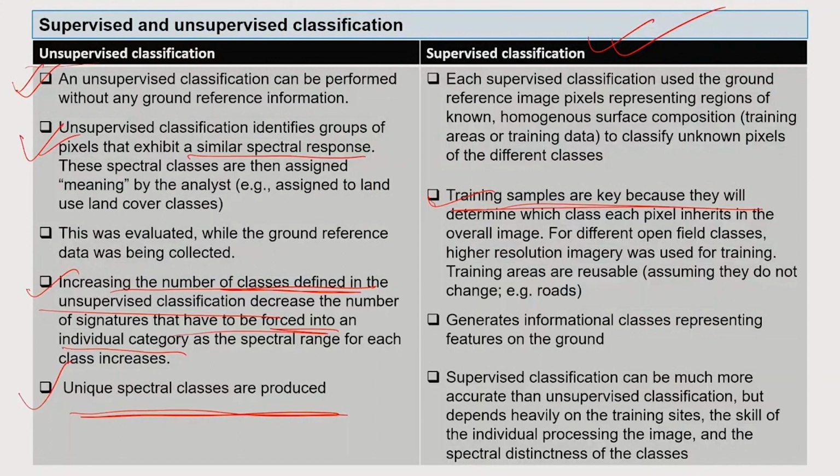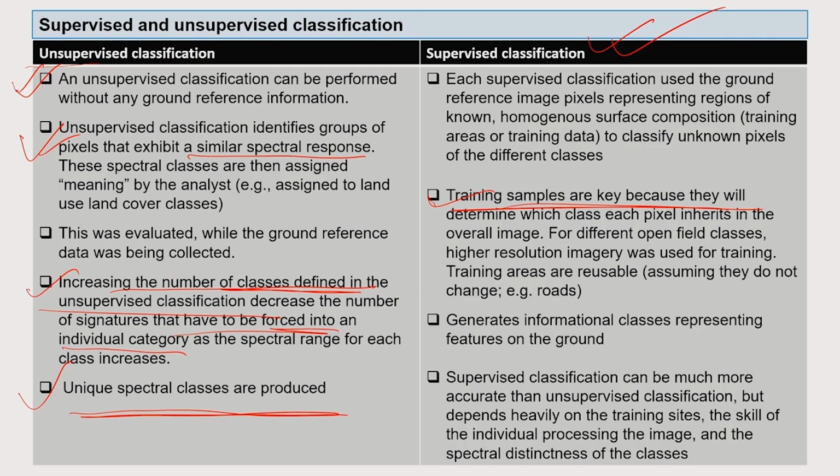So in case of supervised classification you will have a ground reference for each pixel. The training samples here are very important because those will determine which class each pixel will inherit in the overall image.